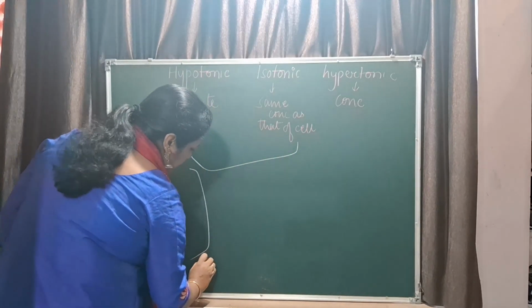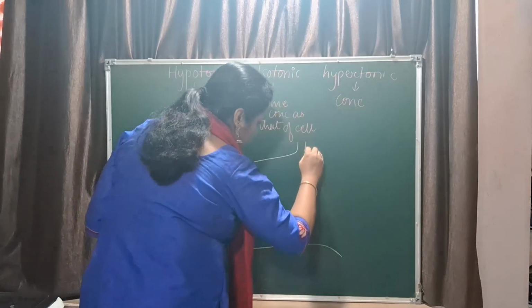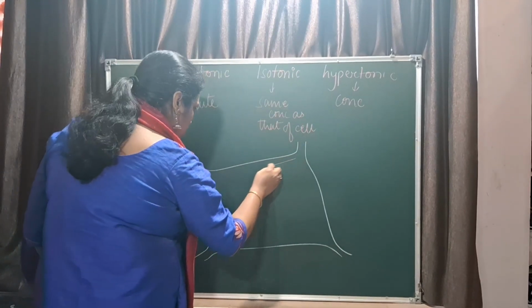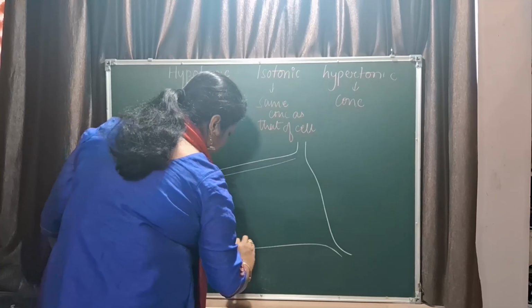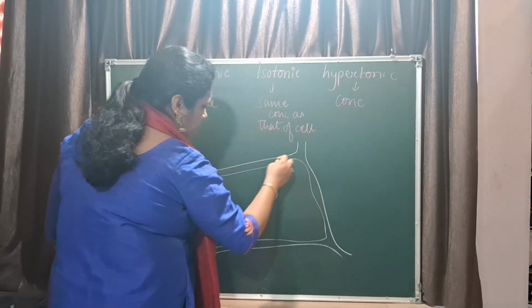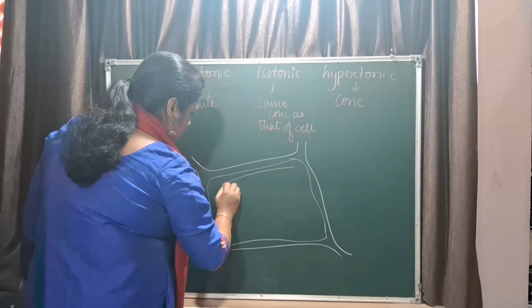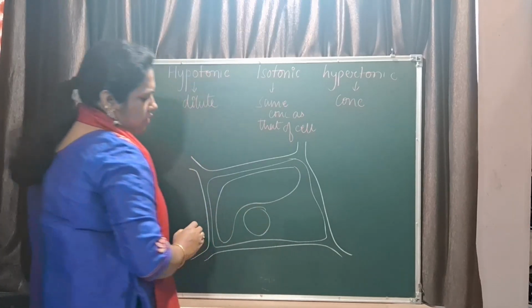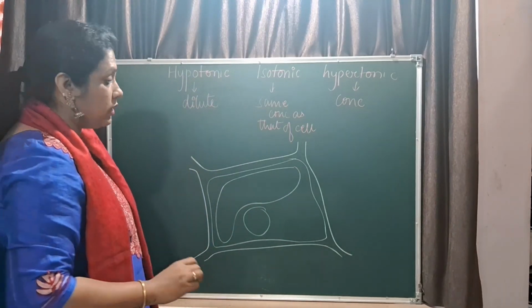Now, suppose you have a plant cell. You know that a plant cell has a cell wall, so I have drawn the cell wall. It has the plasma membrane or cell membrane, and it has a large vacuole and the nucleus. This is your plant cell.